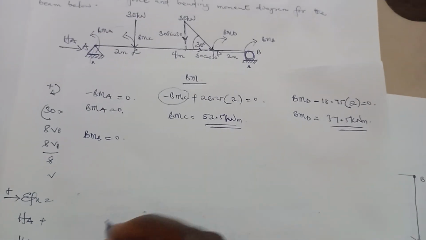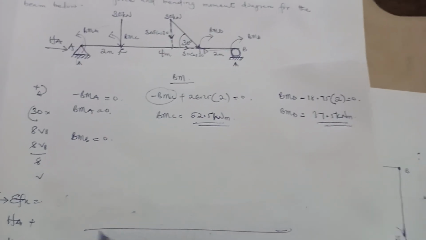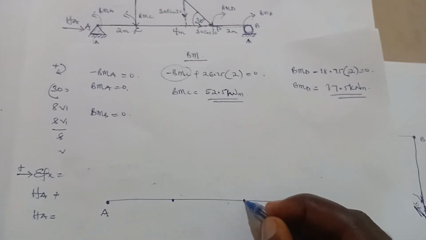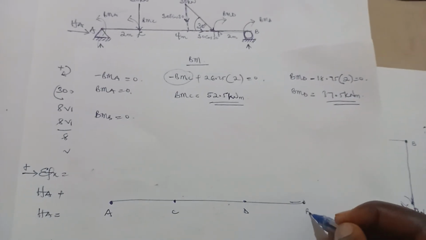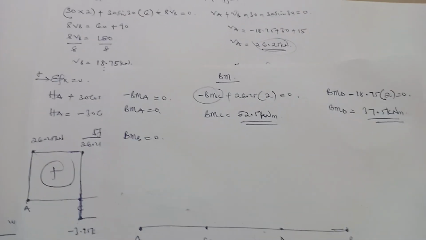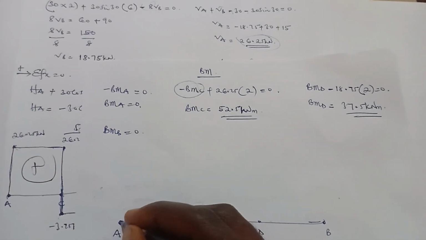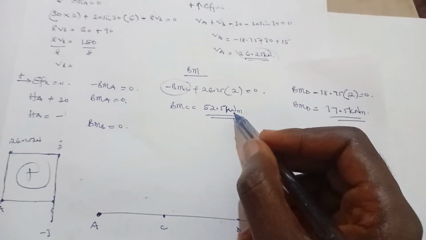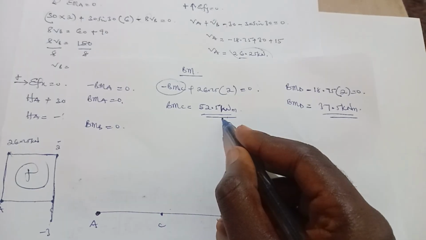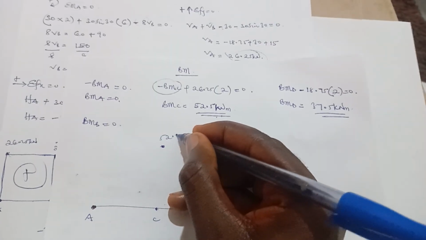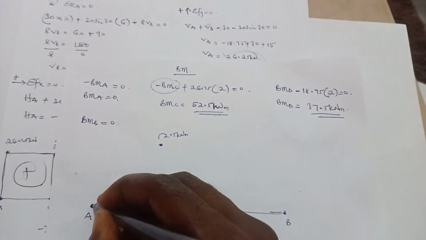So we can draw a bending moments diagram. A, C, D, and B. So bending moment at A is 0. Bending moment at C, sorry, is 52.5 kilonewton meter. And connect this and this.